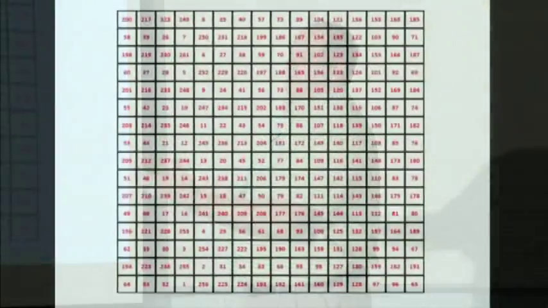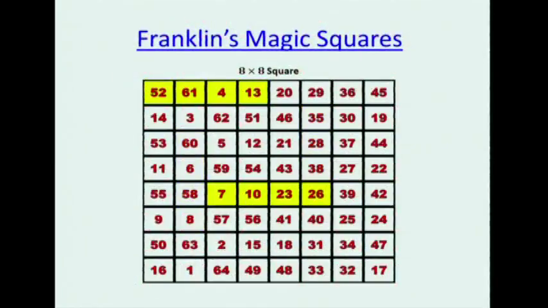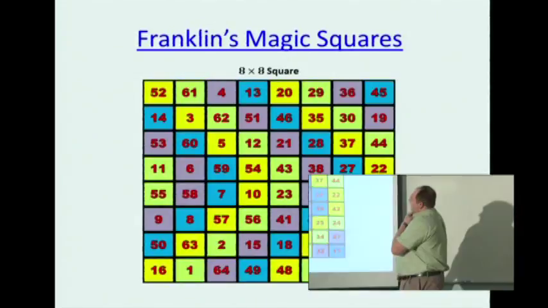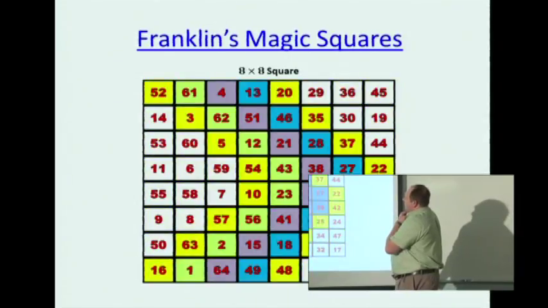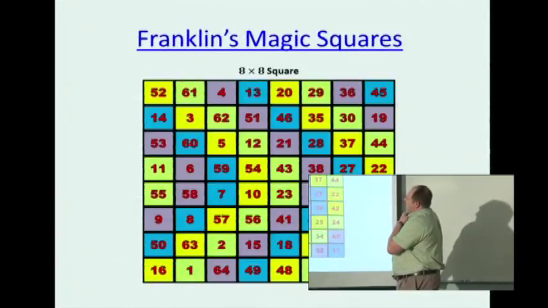Let's see here. When you look at, where is Franklin? This is absolutely fascinating as well, but when you look at his, ways back here, this one, oh wait, this one is better.